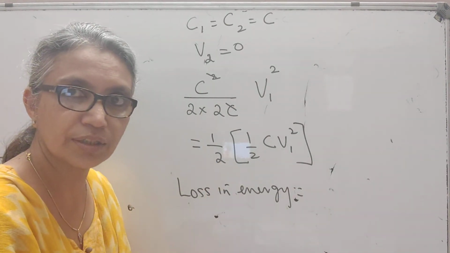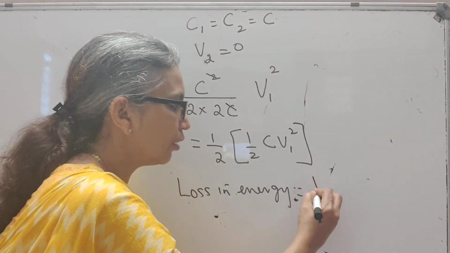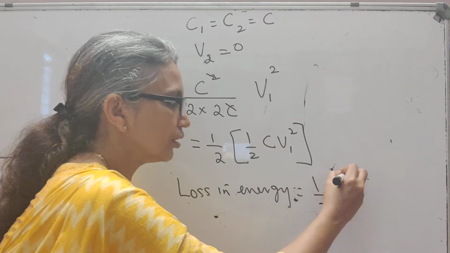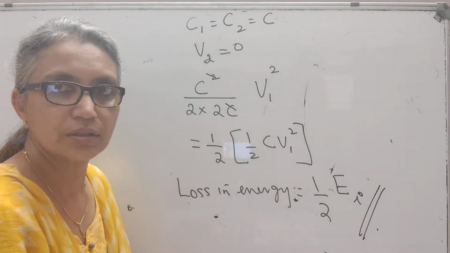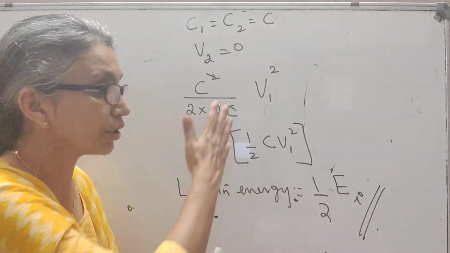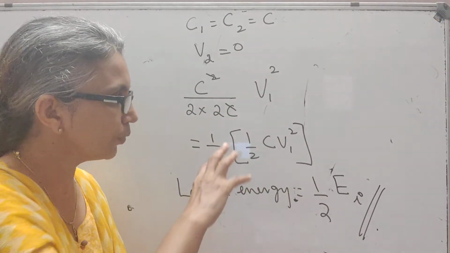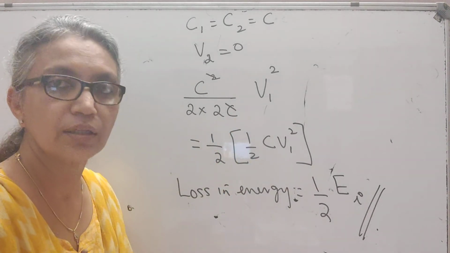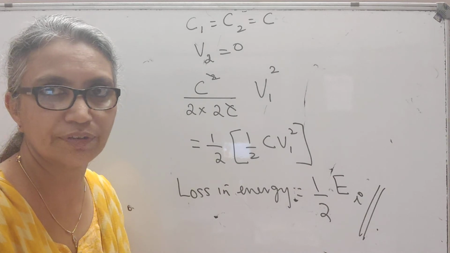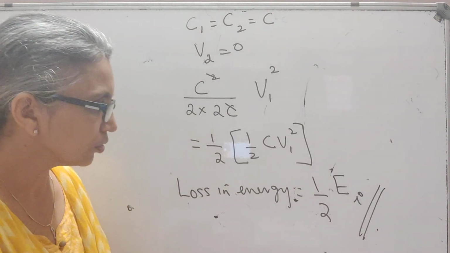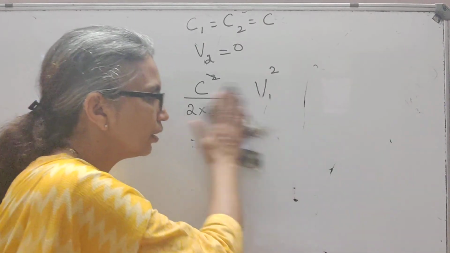Then both of them will share the charges and the total loss in energy will be half of the initial energy. So finding the initial energy in such a case, you need to find only the energy of the first one. And when you connect the two in parallel, the total energy stored will be half of the initial value. So that is what we have in the last topic in that second chapter.